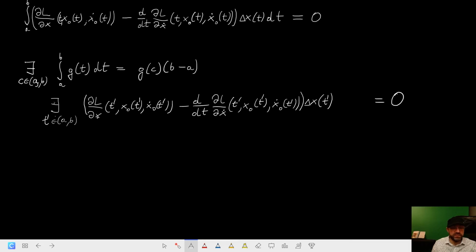X is a multi-dimensional variable, so that will be something like a gradient, right?